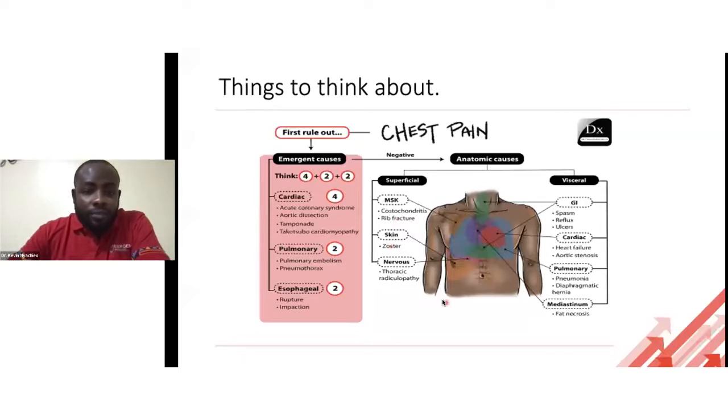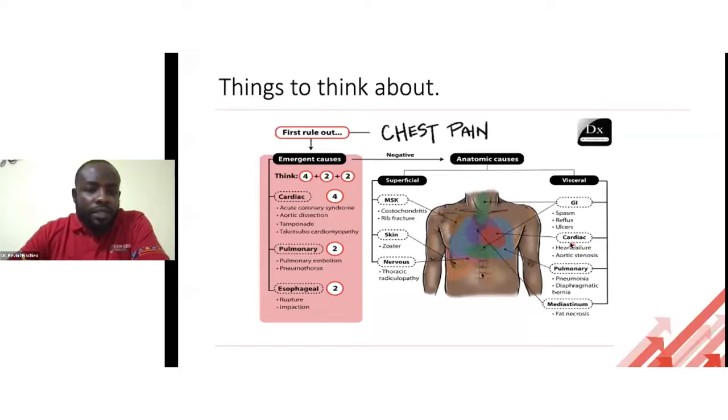You could have rib fractures, costochondritis, herpes zoster can present with chest pain, GI issues, the GERDs, the refluxes. You can have pulmonary issues, pneumonias, hernias, heart failure, valvular issues, especially aortic stenosis can also present with chest pain. But you need to think, what could be the cause, what could be the sinister causes.